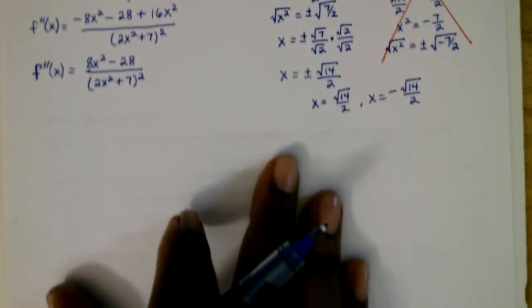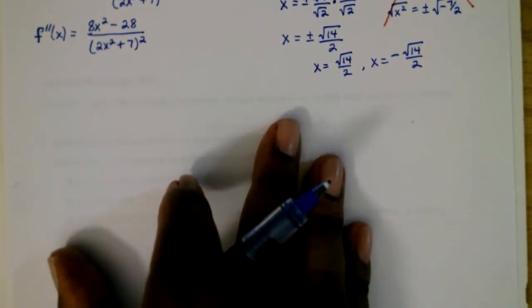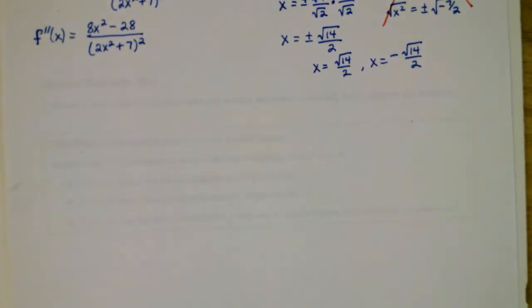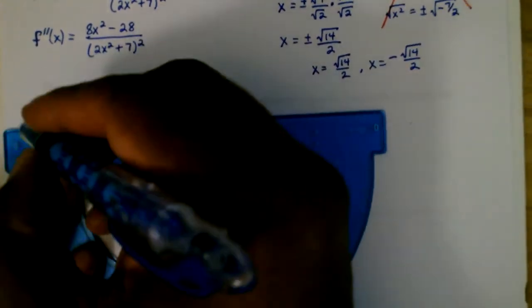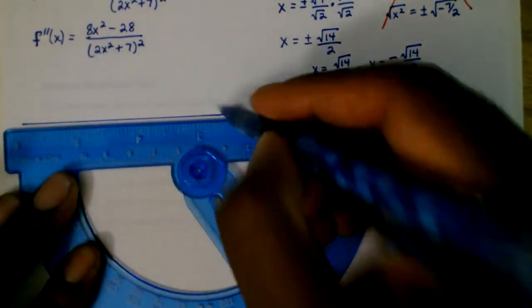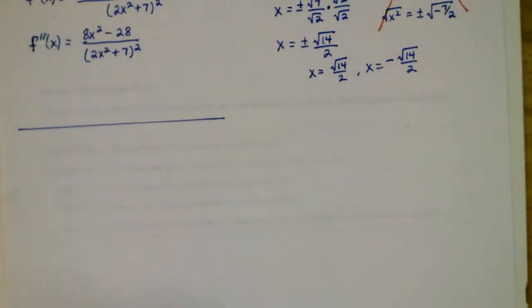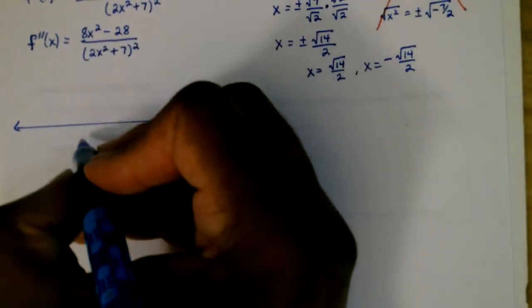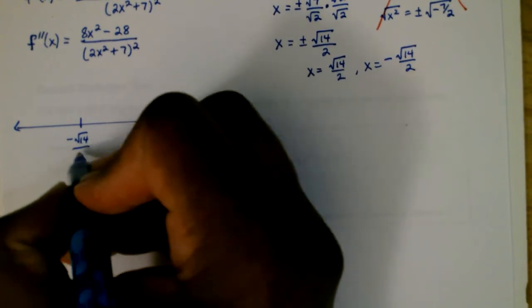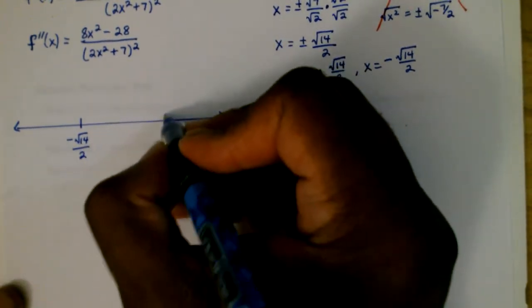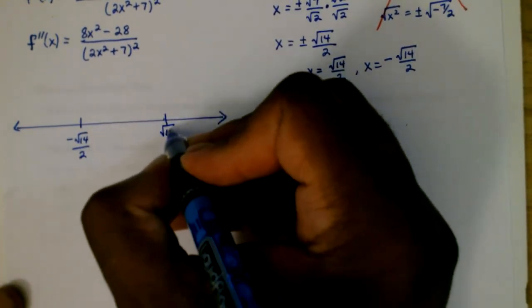Okay. Now, I'm going to have to bring this down a bit because I need my number line. There's a lot going on in this problem. All right, so I'm going to say negative square root of 14 over 2 is going to be here, and positive square root of 14 over 2 will be over here.